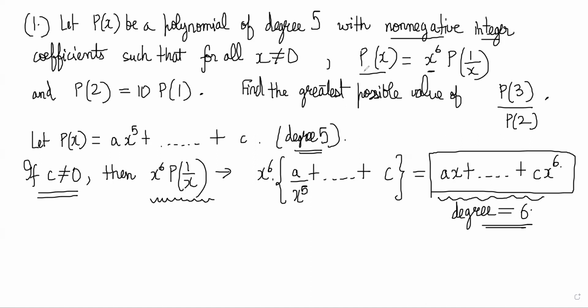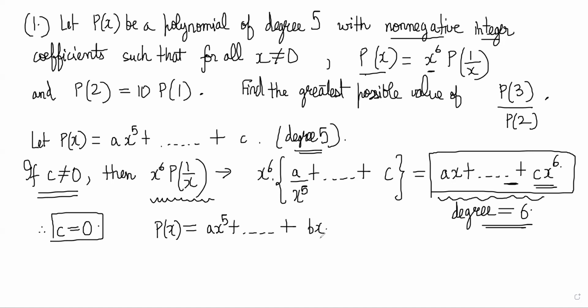So degree 5 polynomial p of x cannot be equal to x power 6 p of 1 by x, which is degree 6. Therefore, c must be equal to 0. If c is 0, the last term here will be degree 5, right? So we are getting that c is equal to 0, and therefore p of x is something like this: a x power 5 plus some terms, and there is one last term, let's say bx, right? This is my degree 5 polynomial p of x, correct?